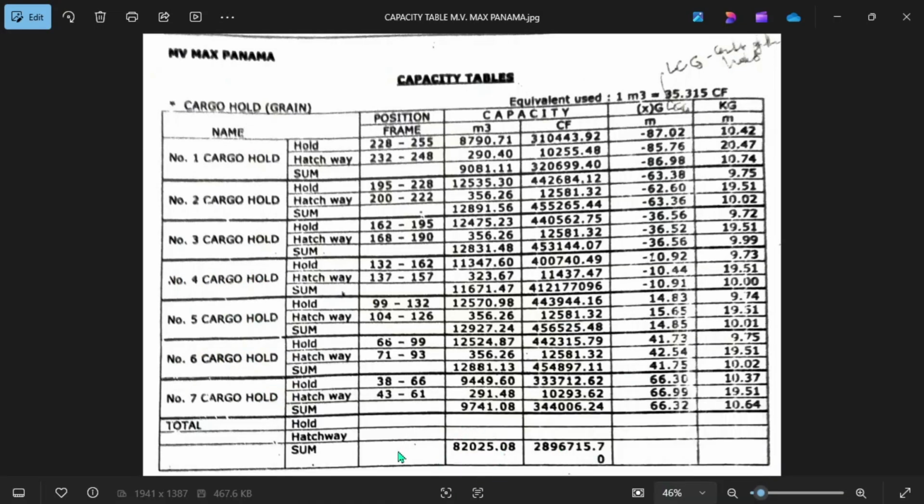See, total hold capacity, or the sum, is 82025.08. Okay.